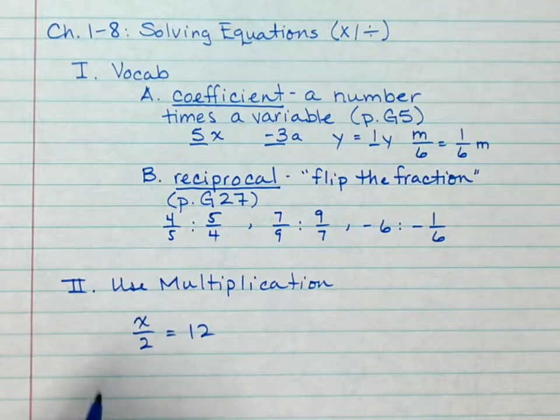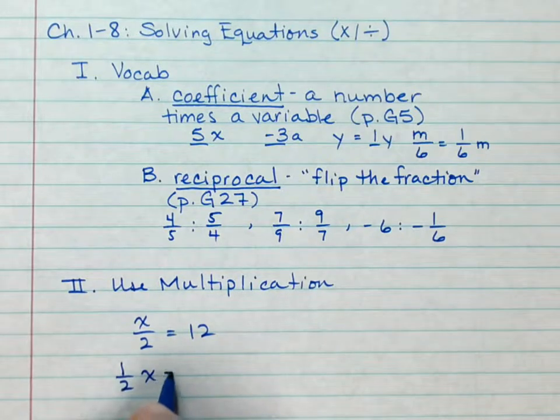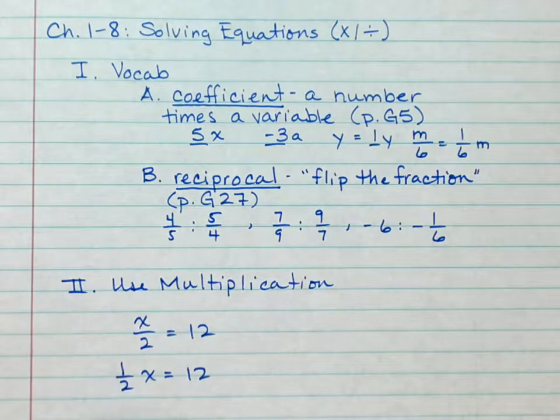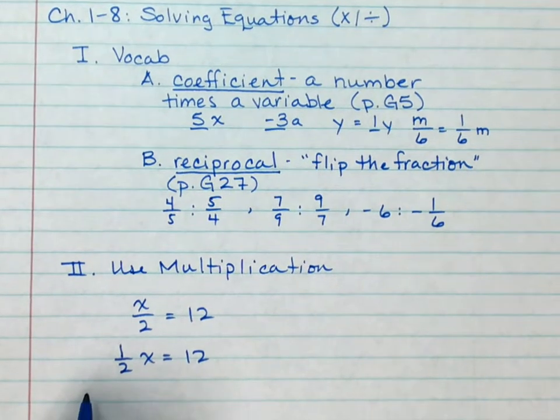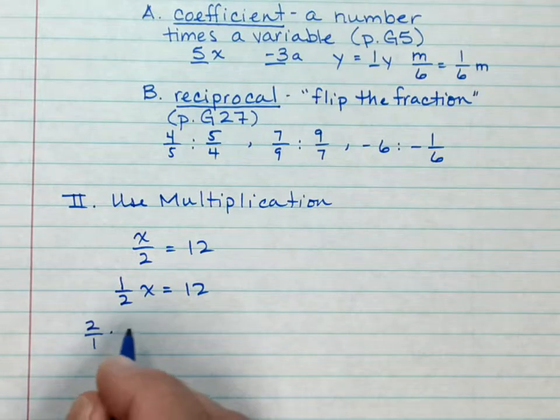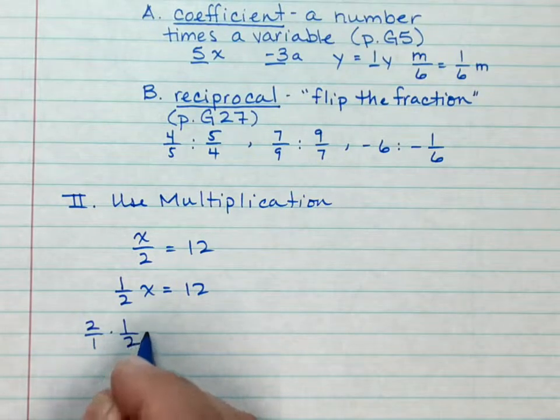So the first thing you need to do is identify that the coefficient is 1 over 2. Now that you know the fraction is 1 over 2, our reciprocal of 1 over 2 will be 2 over 1. So we're going to multiply those.